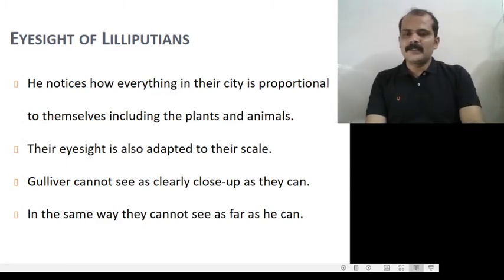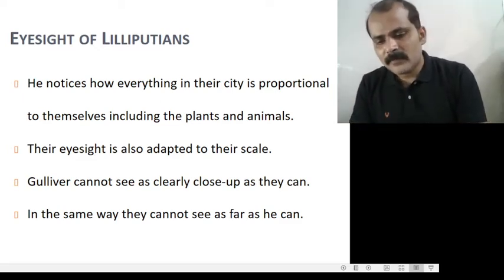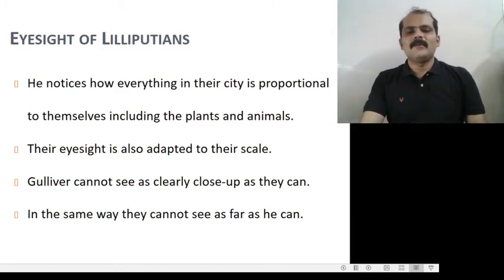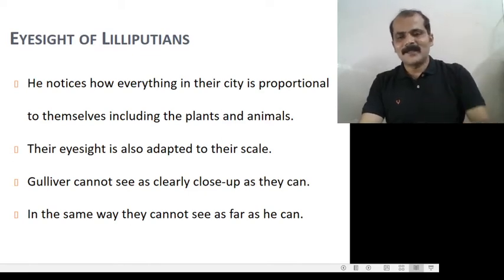He notices how everything in their city is proportional to themselves, including the plants, animals, and trees. Their eyesight is also adapted to their scale, because their eyesight is adjusted to their size. This is very important. Gulliver cannot see as clearly up close as they can.